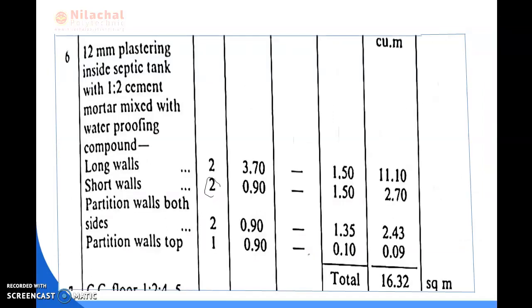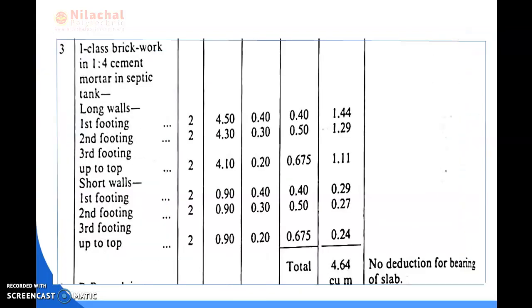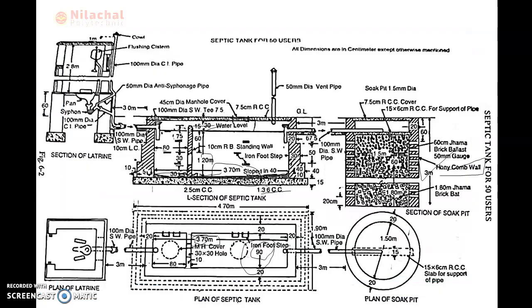Okay, so here we can find out the length, breadth and height. The honeycomb brick thickness is 20 centimeters, so we can put thickness 0.2. The length of the honeycomb brick is 1.70, and the height of the honeycomb brick is clearly indicated here, which is 3.70, right?